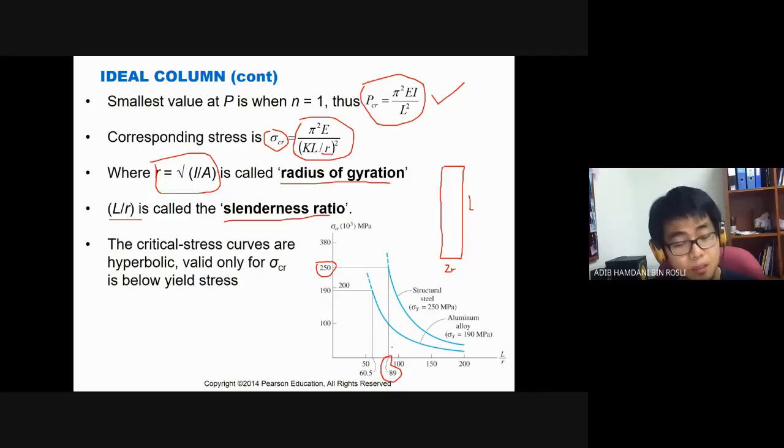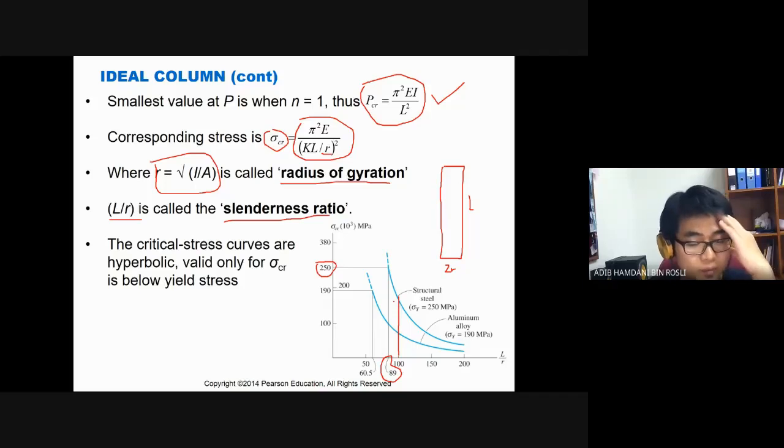It simply means that if the slenderness ratio L over R of your column is higher than 89, your critical buckling stress is lower than 250. For instance, if it is 100, it will be here, which is lower than 250.